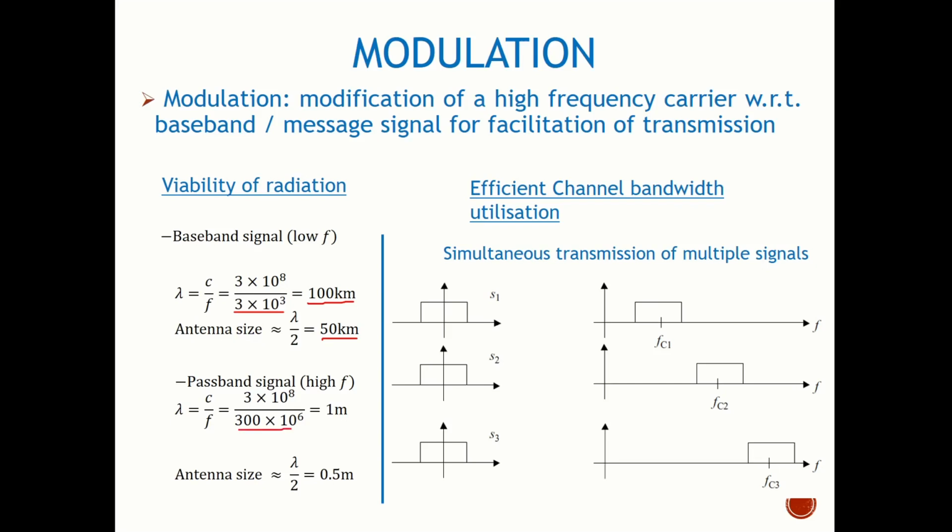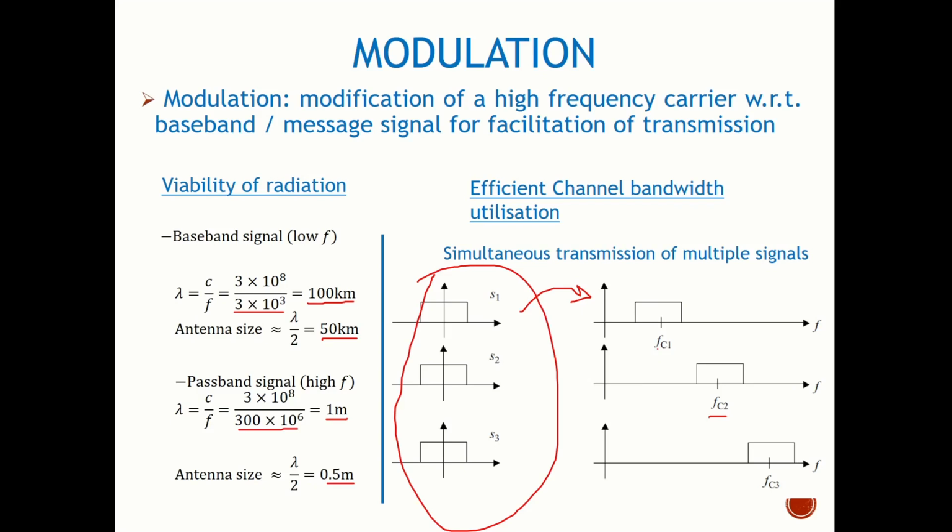Similarly, if we have a 300 megahertz signal, let's say the RF carrier is of this high frequency, lambda would only be 1 meter and the antenna size required would be only 0.5 meters. So we have these three channels that are baseband signals. We can modulate different carriers with them, FC1, FC2, FC3, and then multiplex them and transmit them at the same time.